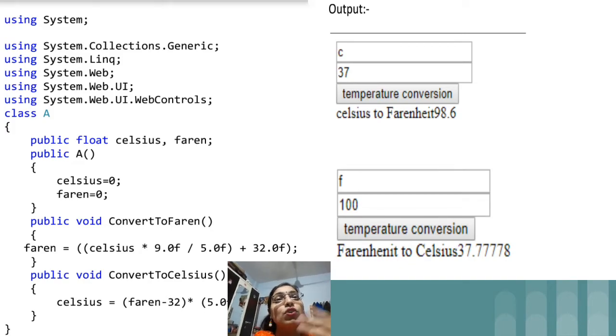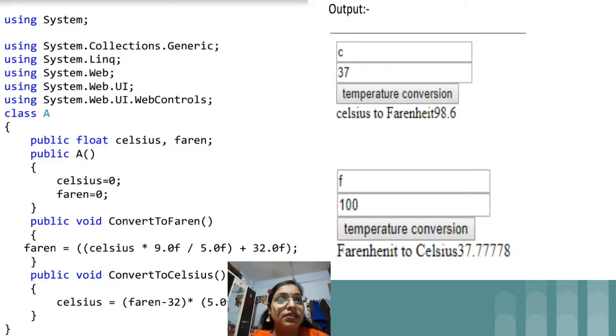And if you want to convert to Celsius, this Fahrenheit conversion we did. If you want to convert the Fahrenheit value into Celsius, then again we have to do the same thing, that is Fahrenheit minus 32 into 5.0f. And there is some formula also which is not there, that is 5 divided by 9.